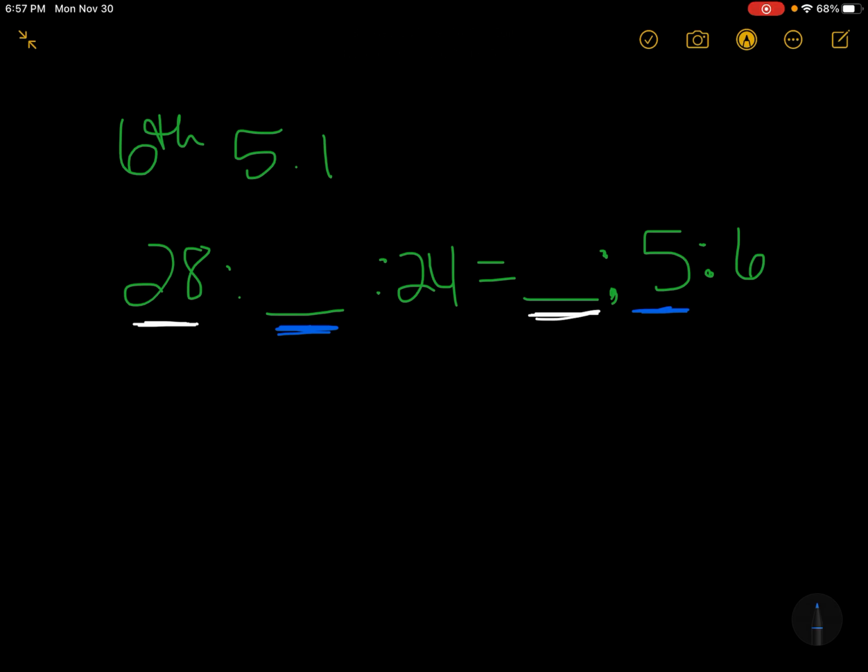So I know that from the first ratio to the second ratio, I am decreasing. Decrease means to divide when you're talking about equivalent ratios and equivalent fractions. So I need to figure out what I'm dividing by. 24 divided by what equals 6?